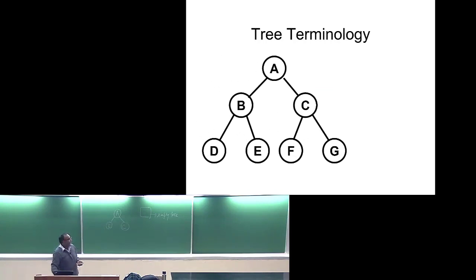For that we would need an example, right? So here goes a tree. In this tree we have an important node that we call the root, and the root serves a similar purpose, I'll say, not the same purpose, as the head of a linked list, right?